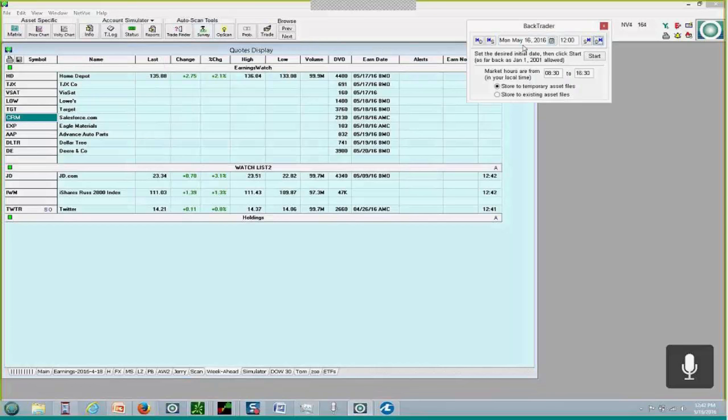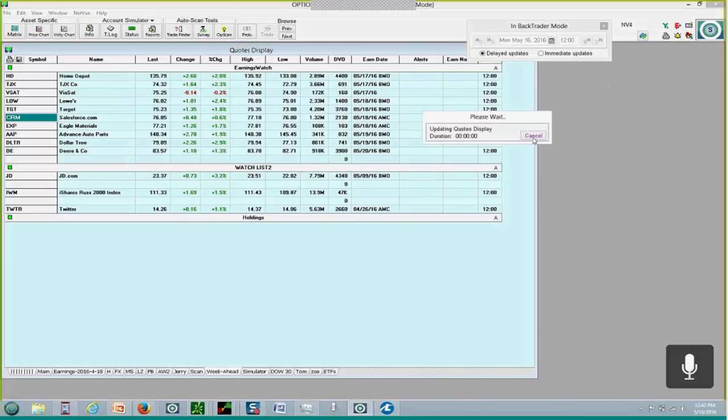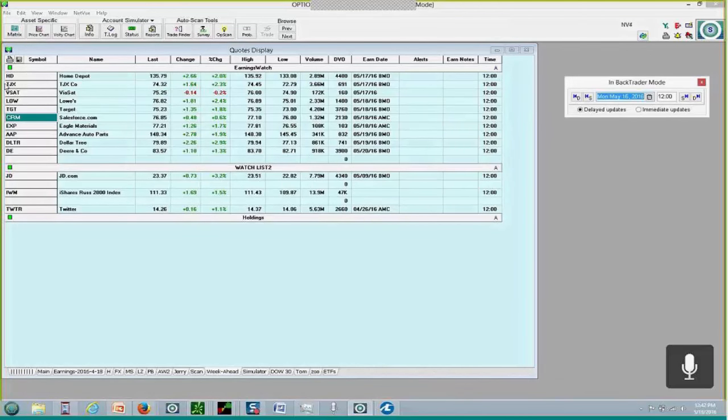And what I'll do is I'll just go to 12 noon today and I'll have everything update. And that way everything is frozen in time at 12 o'clock today. And I can go ahead and take a look at these stocks.